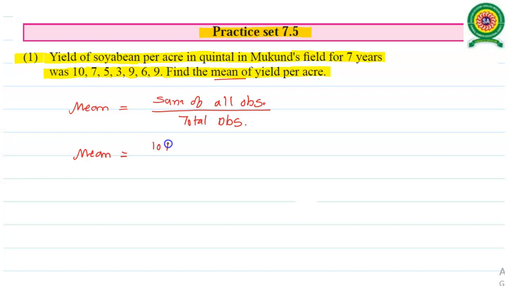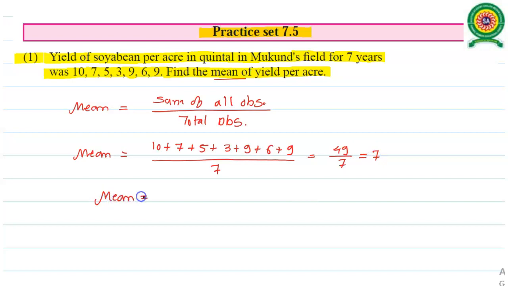So we have 10 plus 7 plus 5 plus 3 plus 9 plus 6 plus 9, whole divided by the total number of observations, 1, 2, 3, 4, 5, 6 and 7. So divided by 7. The sum is 49. 49 divided by 7 gives 7.